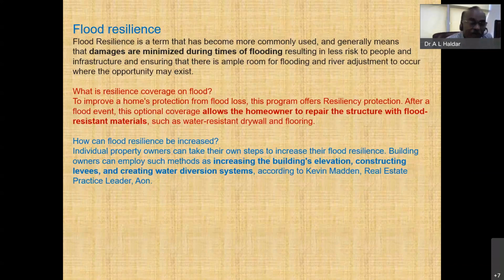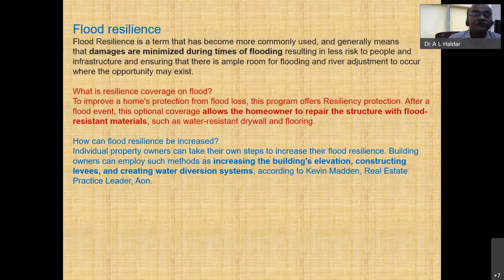So now, what is flood resilience? It is a term that has become more commonly used and generally means the damages are minimized during flood times. It means that you have to do it in such a way, with certain technology, that flood damages could be minimized. So that is the resilience.